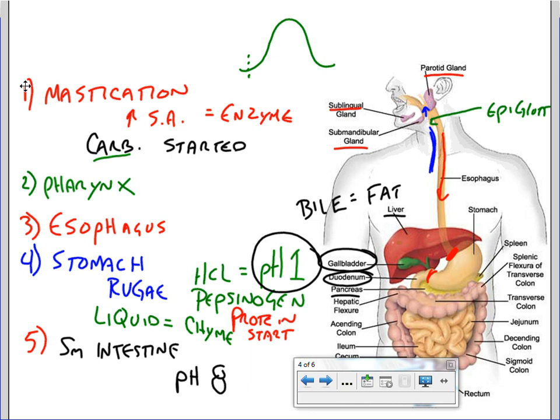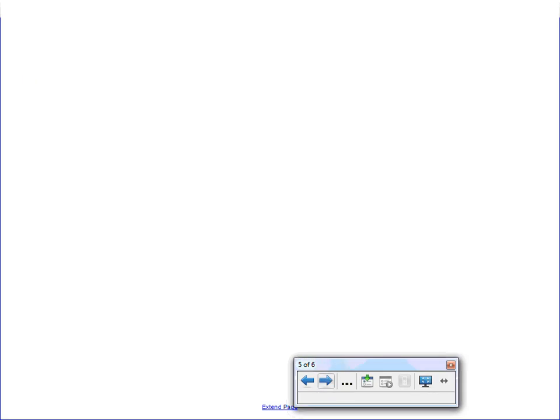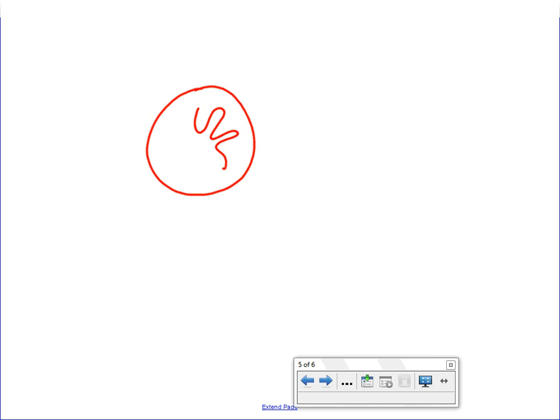I'm going to move forward a little bit here. And then in the small intestine, if you look at the images that your teacher gave you, the inside cross cut of a small intestine is incredibly folded. Right? As we know, increasing folding increases surface area. And if we zoomed in on these folds, you would see that these folds have little folds on them.